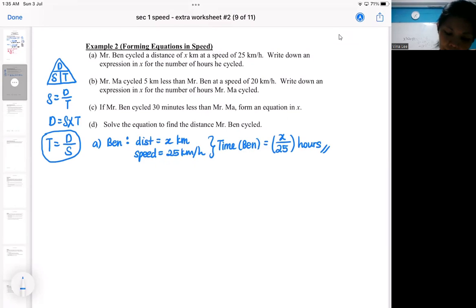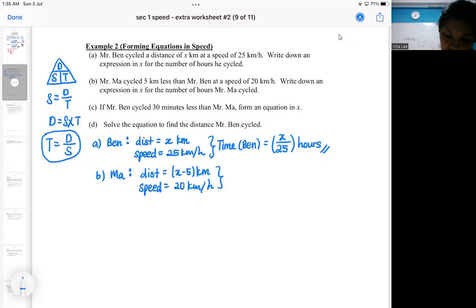Then we have another person, Mr. Ma, who cycled 5 kilometers less, and he's doing it at a slower speed. So Mr. Ben cycled X kilometers, 5 kilometers less, so it should be X minus 5. So shorter distance and a slower speed.